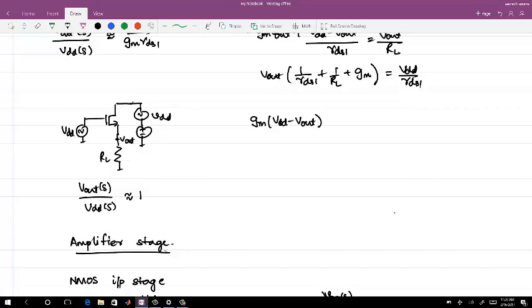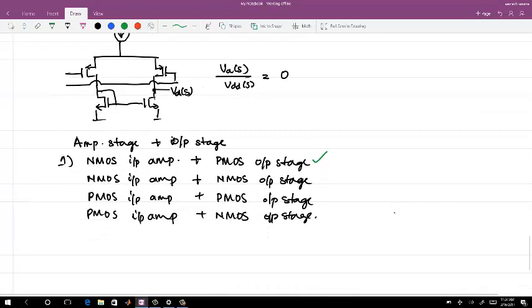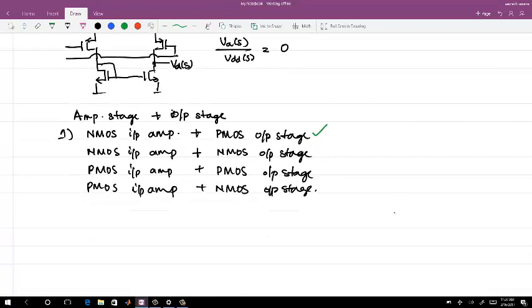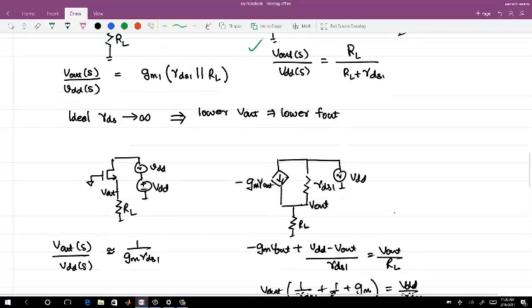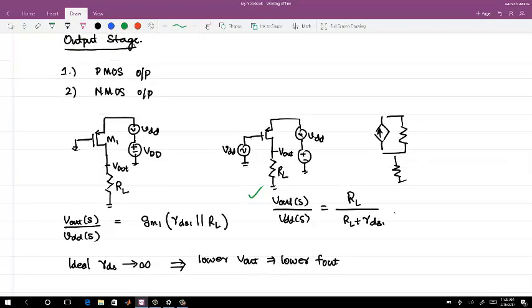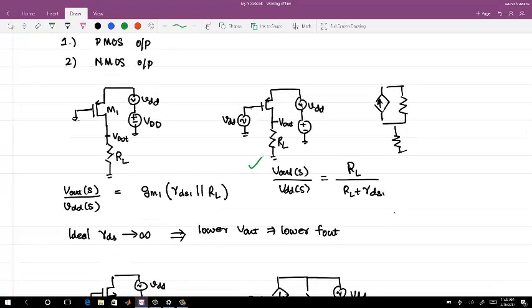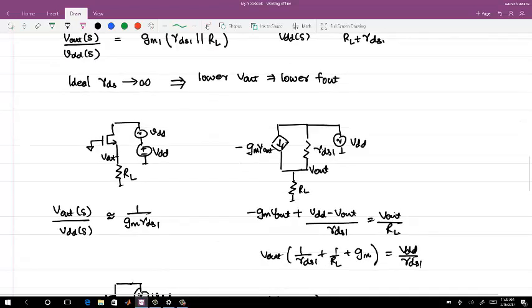So surely your PMOS case is better with an input amplifier. Similarly, you consider for a PMOS where you are not coupling it. In that case, you consider the following two cases. One is this one where you have an amplification factor of gm times rds times RL, and the second one is 1 over gm rds.